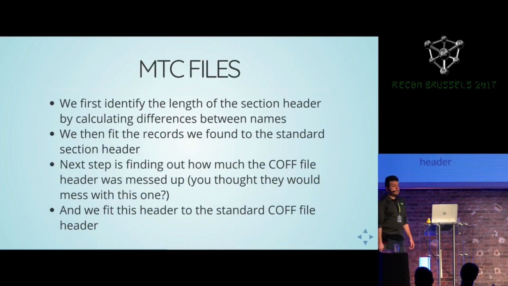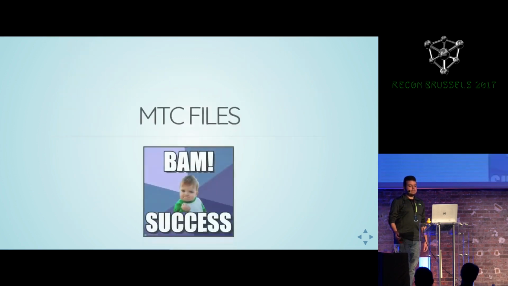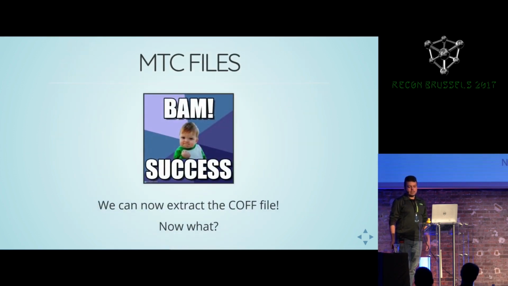We first identify the length of the section header. We can find the difference between the names of the sections, and this should be the length of the section header. We then fit this record to the standard COFF section header. The next step is to do exactly the same thing, but for the COFF file header. And finally, we've got a COFF file.